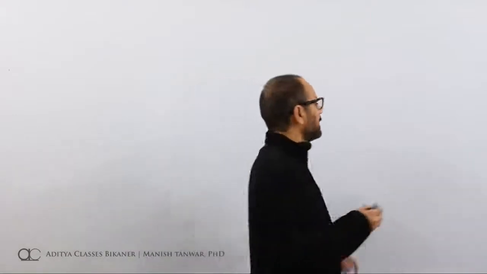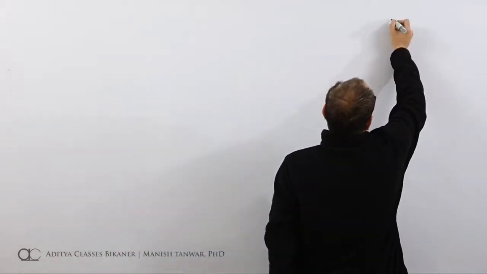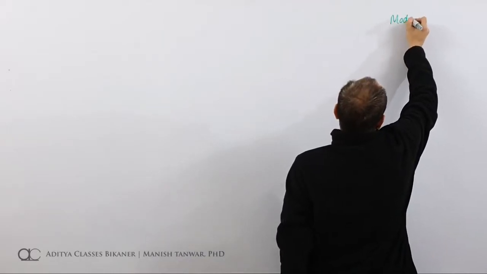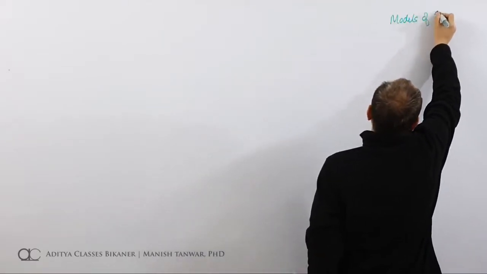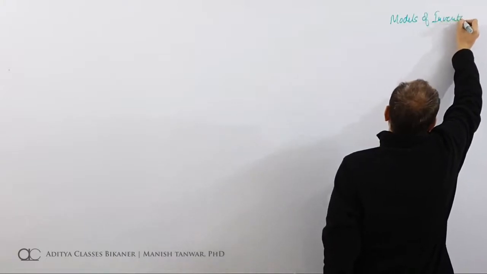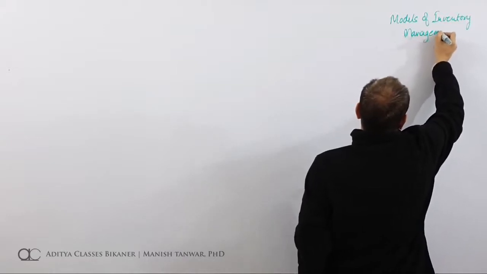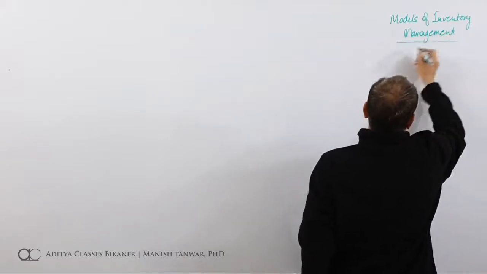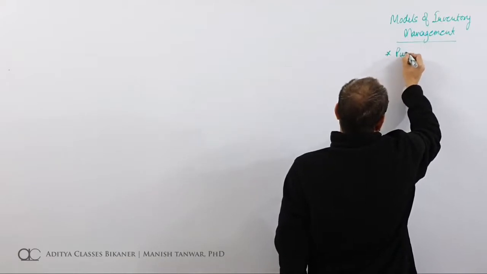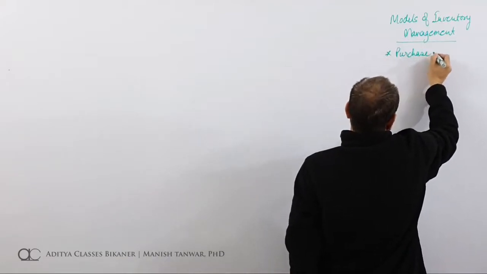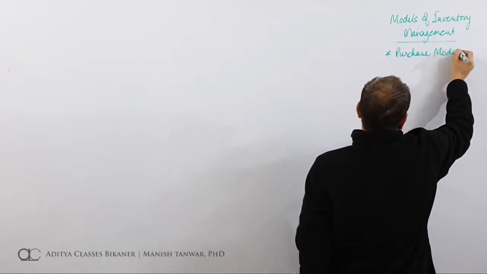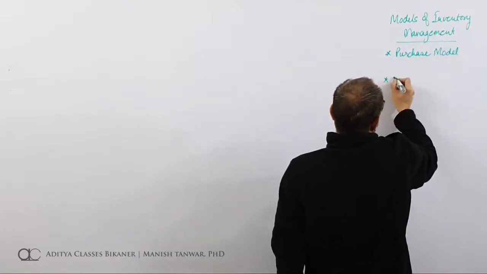So, today what we'll do is, we'll start up with some questions and we'll try to identify which model makes sense over here. If we have a recap, what were the four models that we talked of? Models of inventory management. We had a purchase model and a manufacturing model.